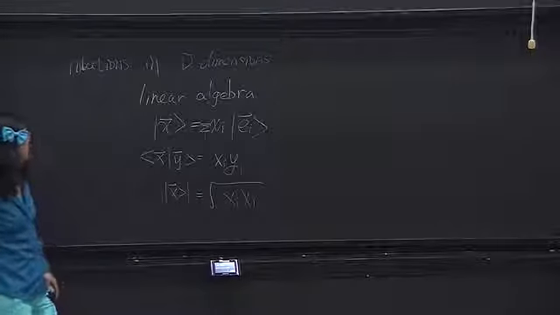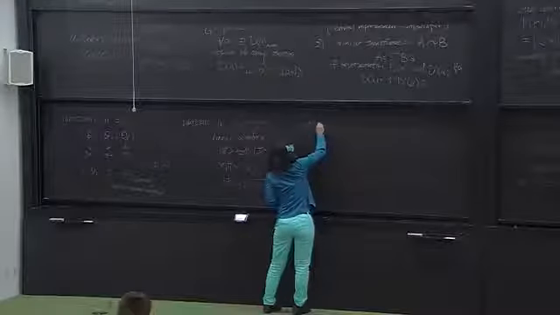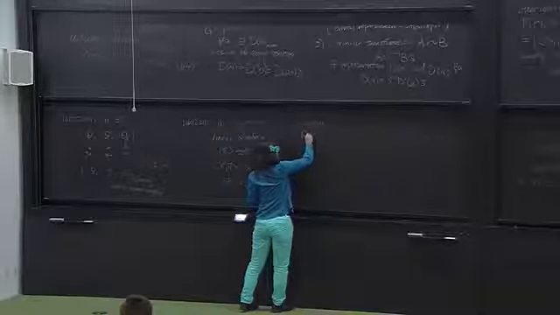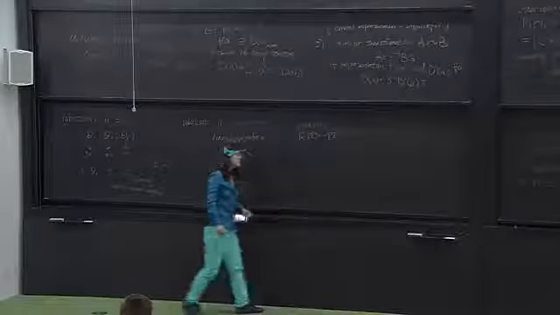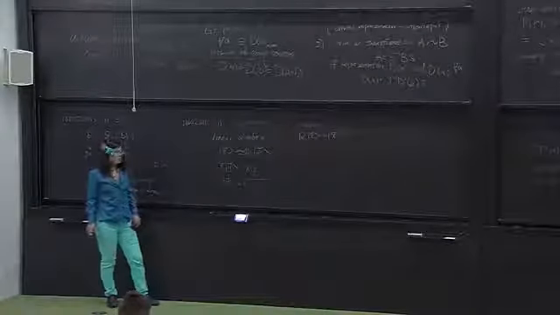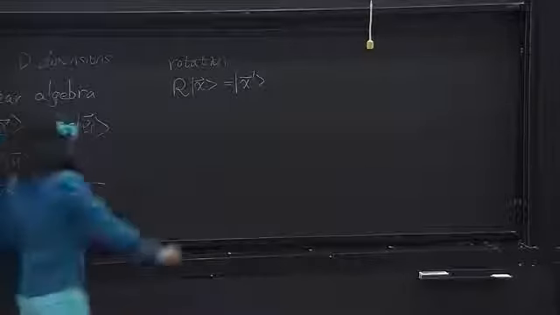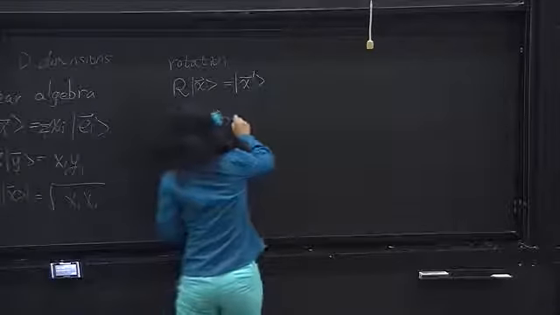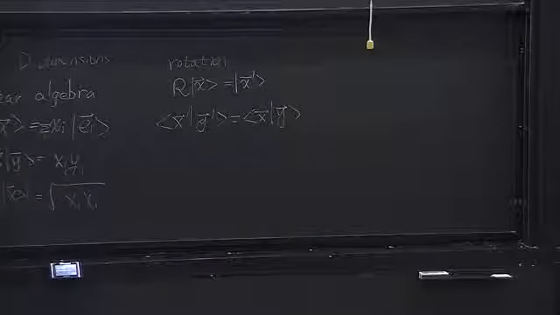Okay, so now we can define the rotation in general. A rotation is an operator that brings a vector into a different vector such that the norm is preserved, or the inner product is preserved. So we demand that the inner product is preserved.